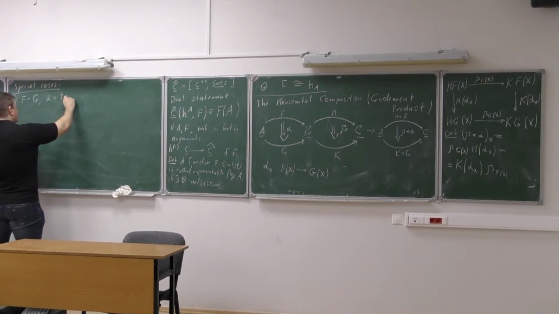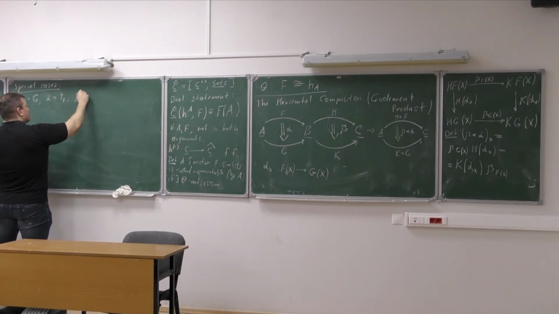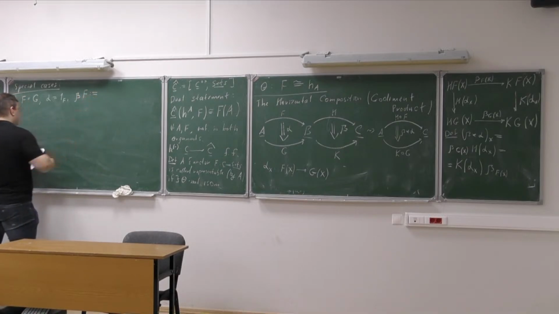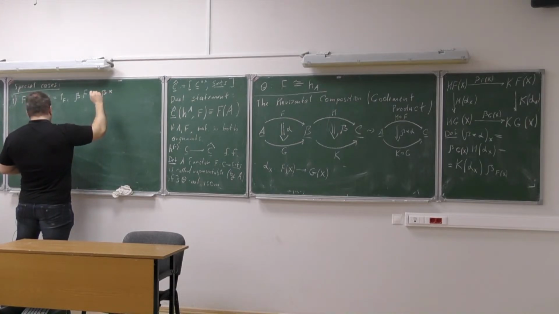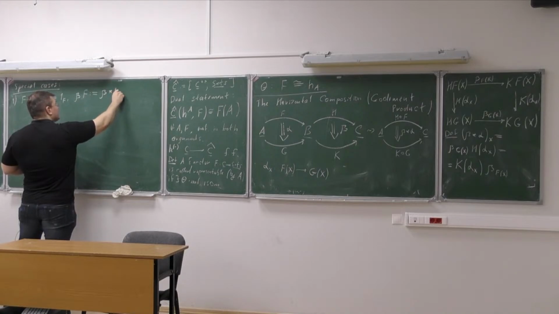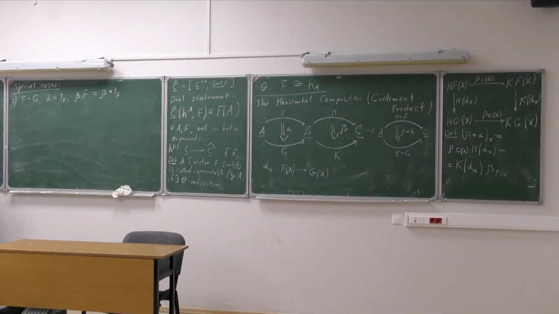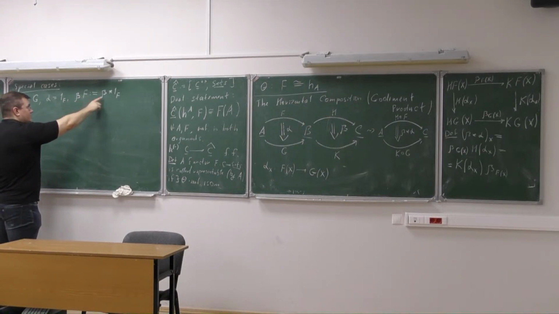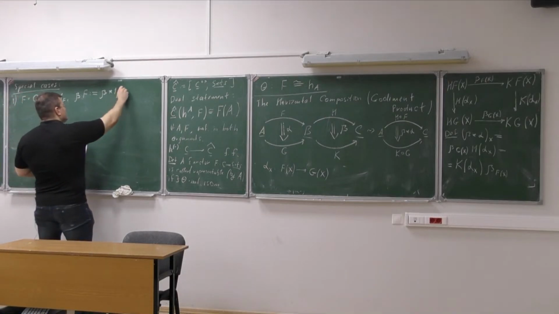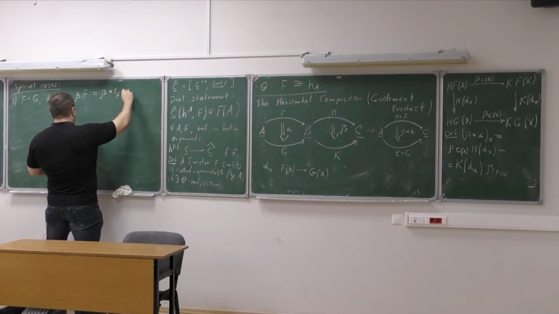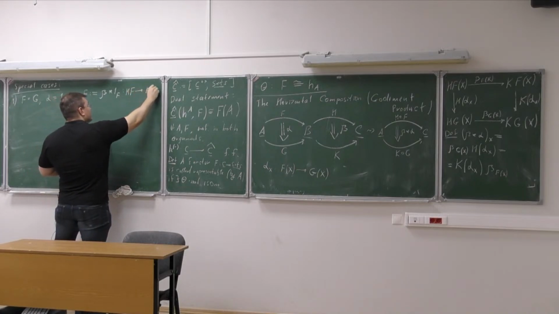So then we can define the following composition of a natural transformation and the functor, but this is understood precisely as the horizontal product of the natural transformation beta and the identity natural transformation on the functor f. So whenever you see this kind of product of a natural transformation and functor, this is what it means by definition. So this is a natural transformation from hf to kf.